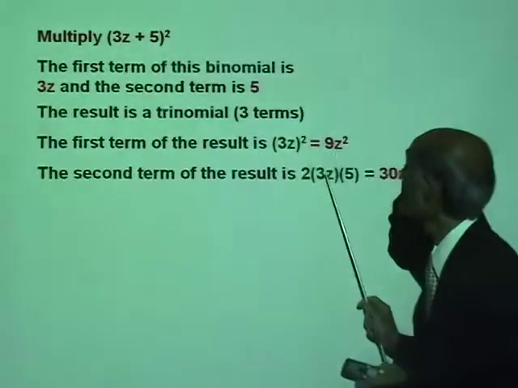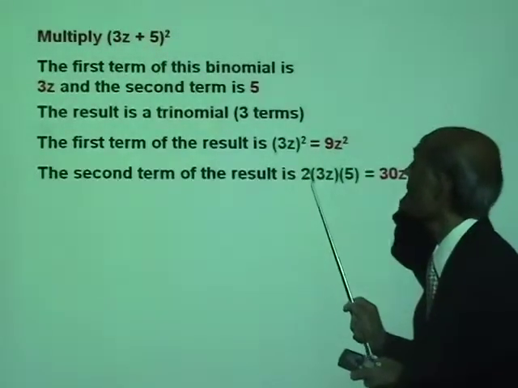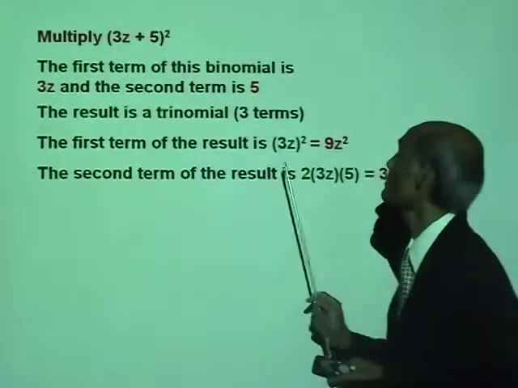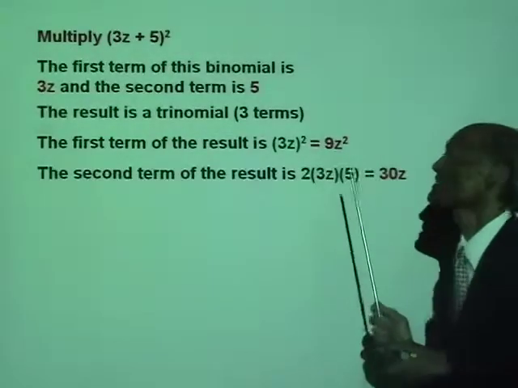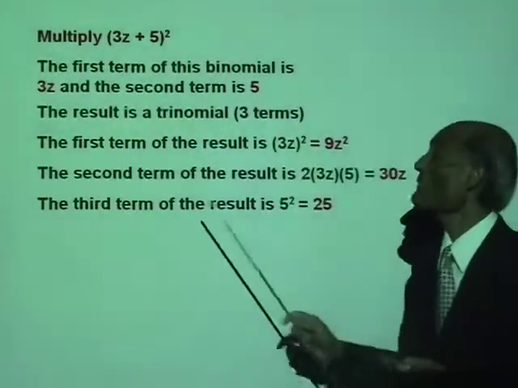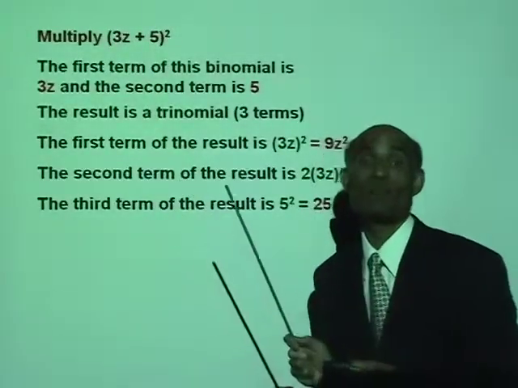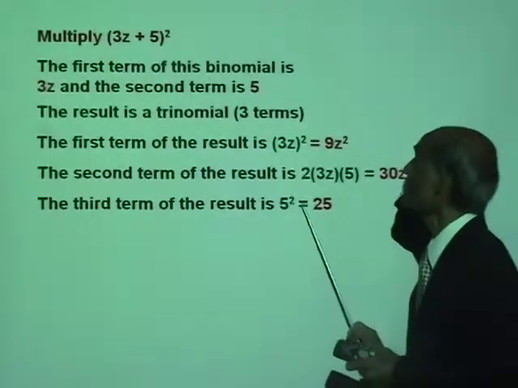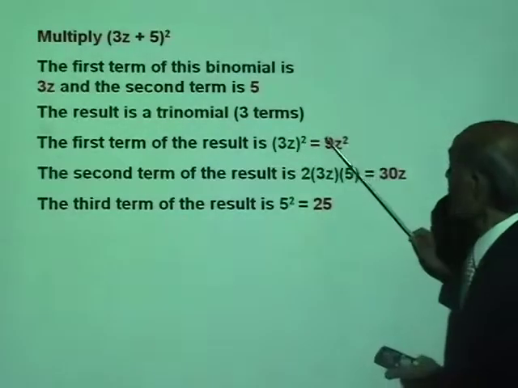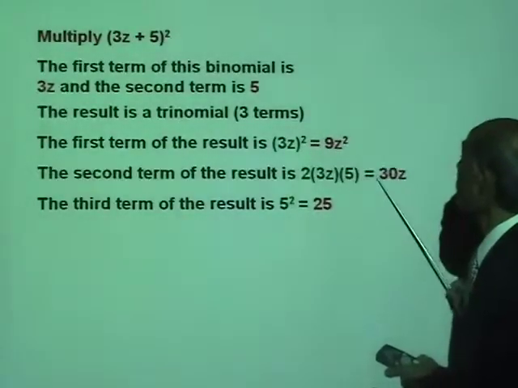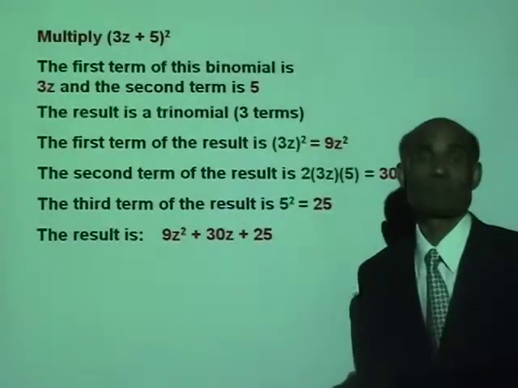The second term will be: multiply 3z with 5 and then multiply it with that power 2. 2 times 3z times 5 is 30z. And the third term is the square of the second term of the binomial. That is 5 squared equal to 25. Now, what is the result? 9z squared plus 30z plus 25 is the result.